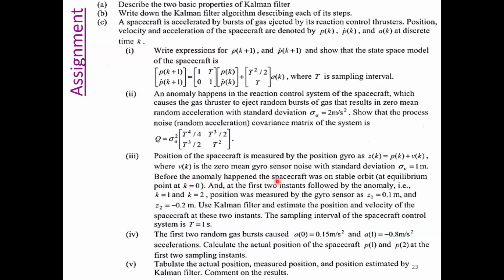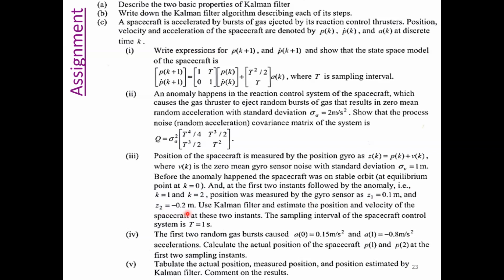Before the anomaly happened, the spacecraft was on stable orbit at equilibrium state at k equals 0. So that is the boundary condition. Stable orbit means you can assume initial position and initial velocities are zeros. And at the first two instances followed by the anomaly, that is k equals 1 and k equals 2, position was measured by the gyro sensors as Z1 equals 0.1 meter and Z2 as minus 0.2 meters.